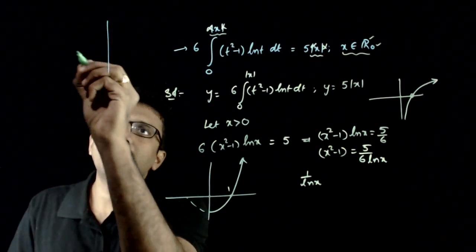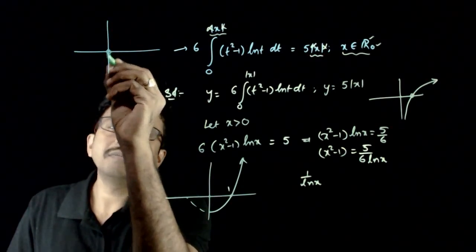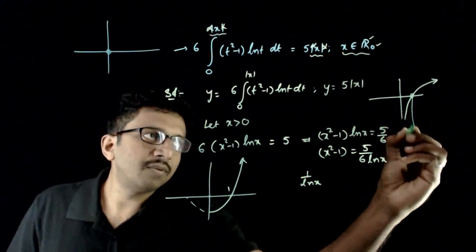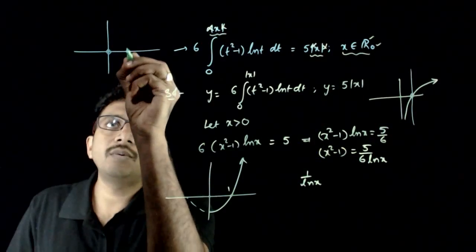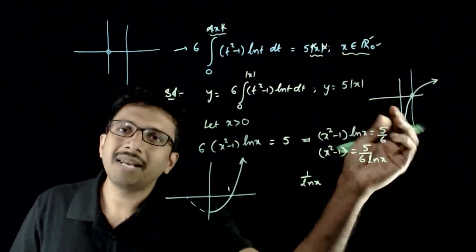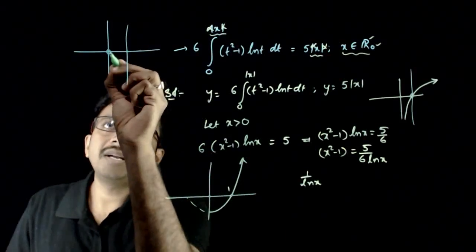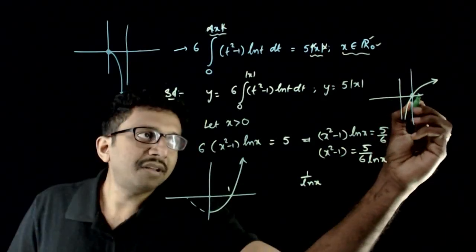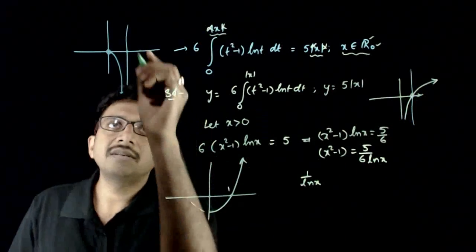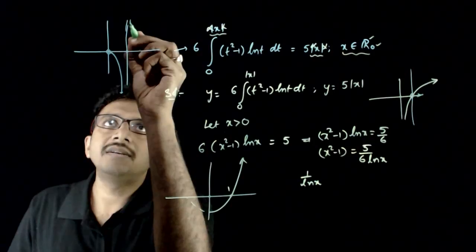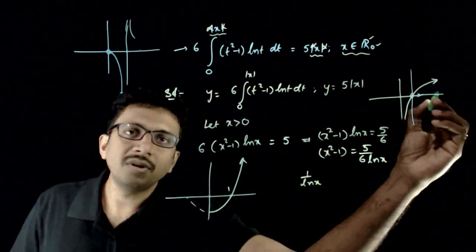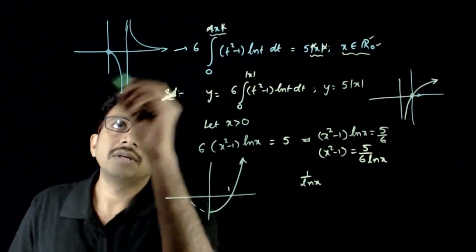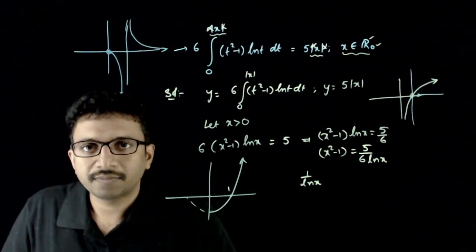So it starts with 0 because 1 by infinity is 0. When x is equal to 1, ln x is 0, so 1 by ln x becomes infinity. Here it tends to minus infinity because the sign is negative, and after 1 it comes from the positive side, so 1 by ln x becomes plus infinity, and as x tends to infinity, ln x tends to infinity, so 1 by ln x tends to 0. So this is the graph of 1 by ln x.